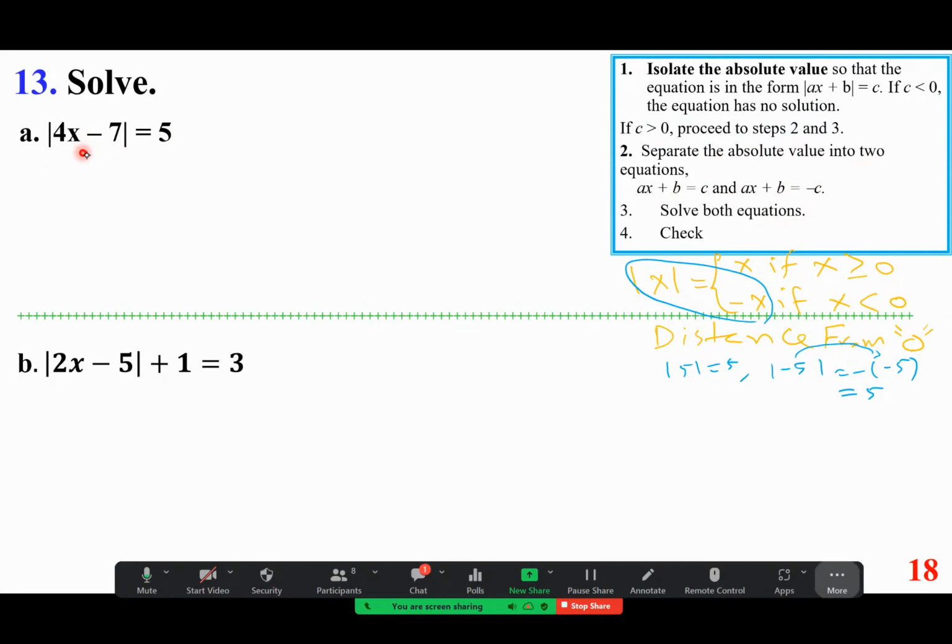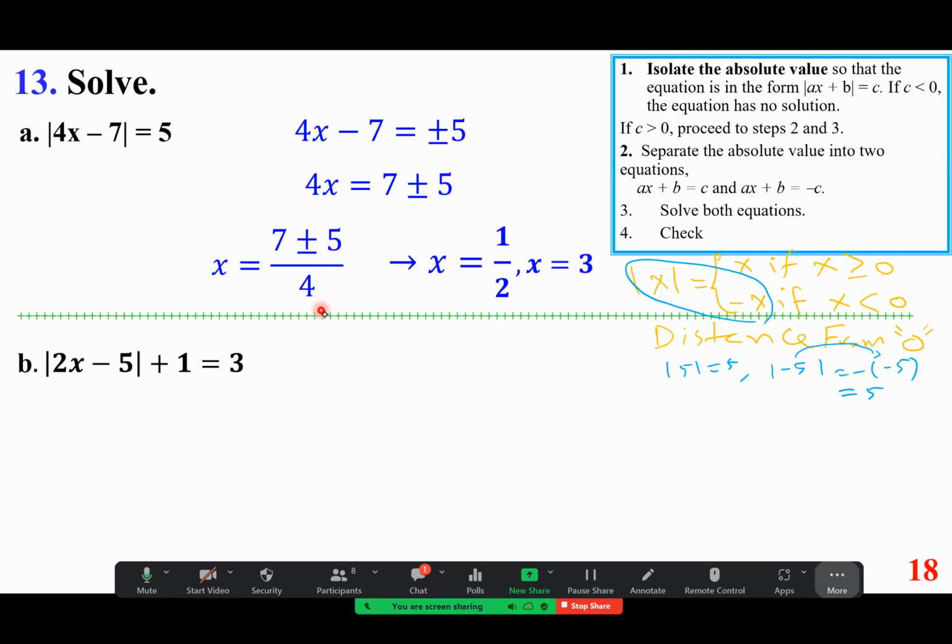We drop the absolute value, and we say 4x minus 7 is once 5, once minus 5. So I can do it in one shot and write down plus minus. That really means 2 equations. Move the negative 7, make it positive. Divide by 4. And so 7 plus 5, 12, divided by 4 is 3. 7 minus 5, 2, divided by 4 is 1/2.